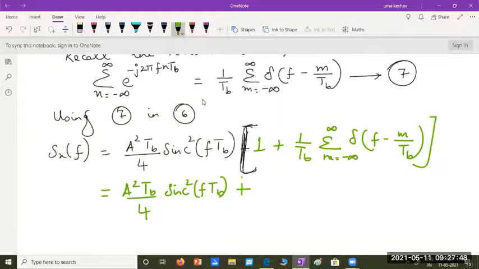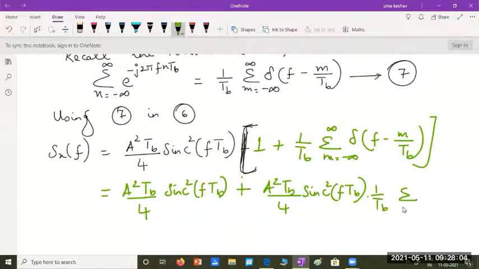So let me take the common, I'll multiply it again, a square Tb by 4 sinc square fTb into 1 by Tb summation m is equal to minus infinity to plus infinity impulse.